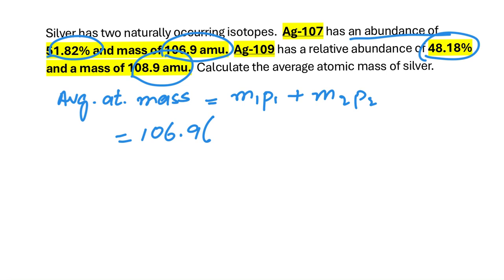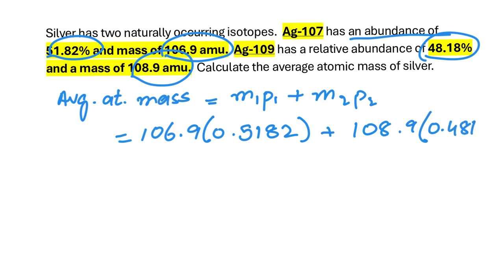We are going to divide the percentage by 100, 0.5182. We are going to add it with the mass and the percentage of the second isotope, which is given 108.9, and the percentage will be divided by 100. It will be 0.4818.